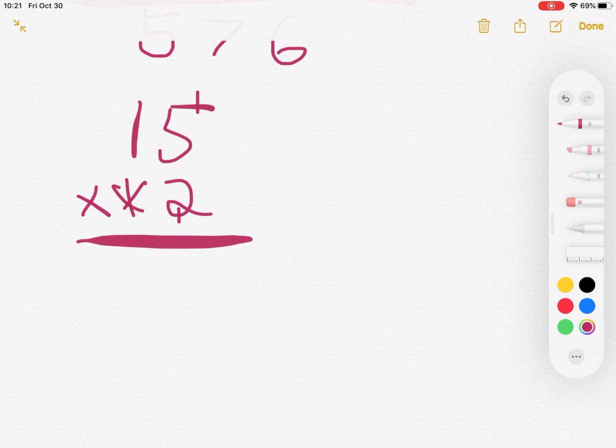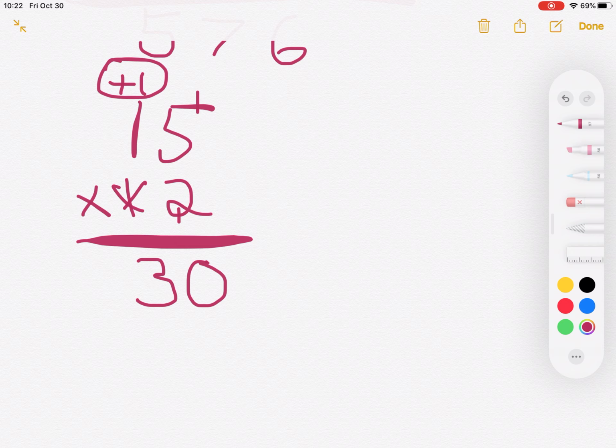Now we're going to do 5 times 2, and that equals 10. And then carry our 1, since it's a 2-digit number. Now we do 2 times 1, of course, equals 2, and then add our 1 right here, and that equals 3. So far we have 30.